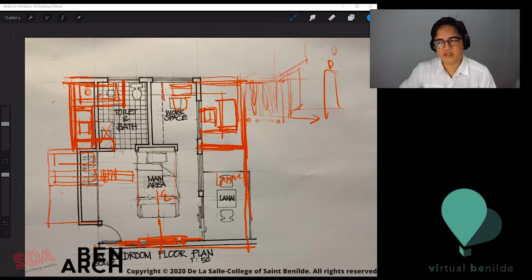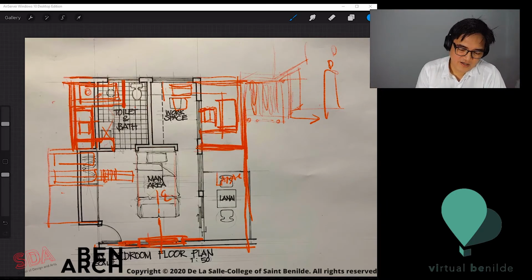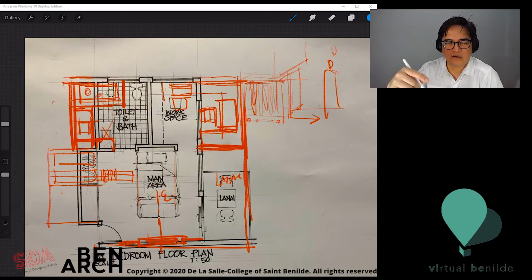You could start out with yellow, then move on to orange, green, then red, blue, and you get darker and darker until you can have many iterations over the plan. So you're drawing over your present floor plan.